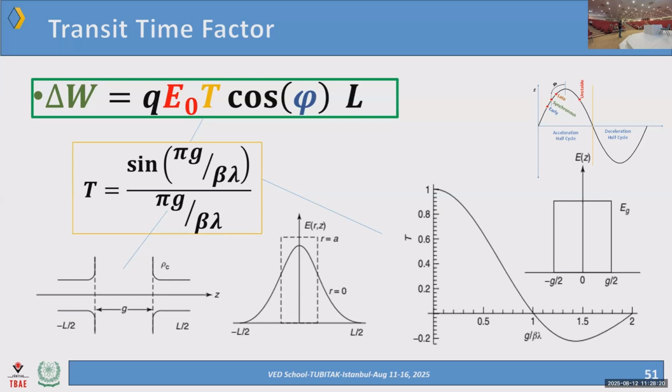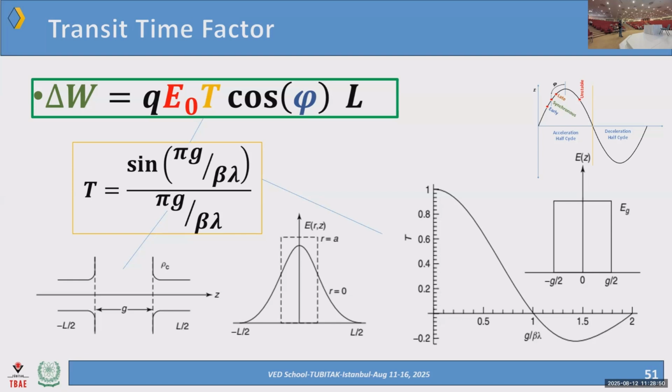If we plot this equation with respect to the gap and the velocity of the particle, it tells you that unless you have a certain value, you will end up with a negative value of this transit time factor. What will happen? This will be negative and the net energy will be decreased.